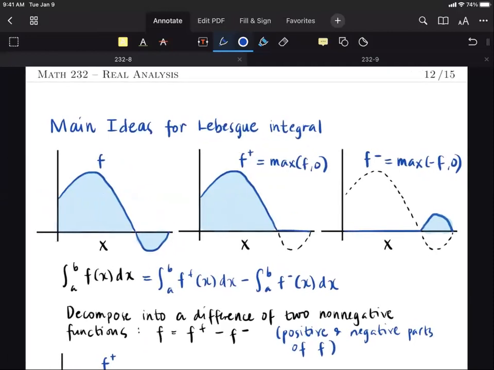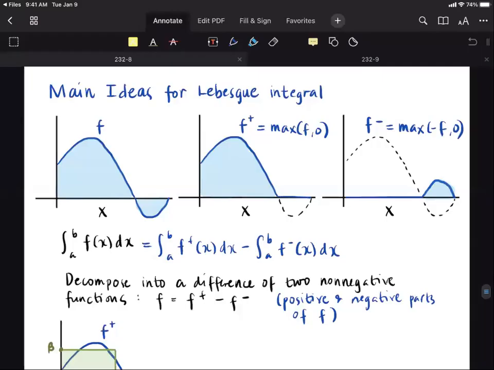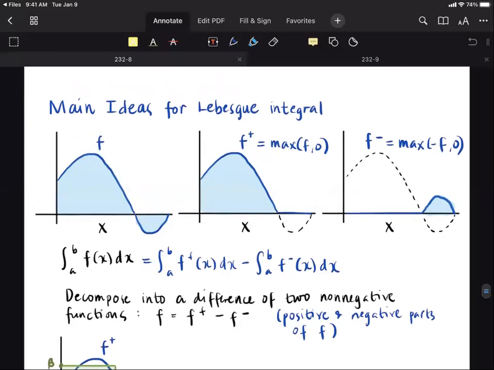For this, take note that this is similar to what we did with respect to the Riemann integral. You consider it as a signed area, where the positive part is the area above the horizontal axis, minus the area below.